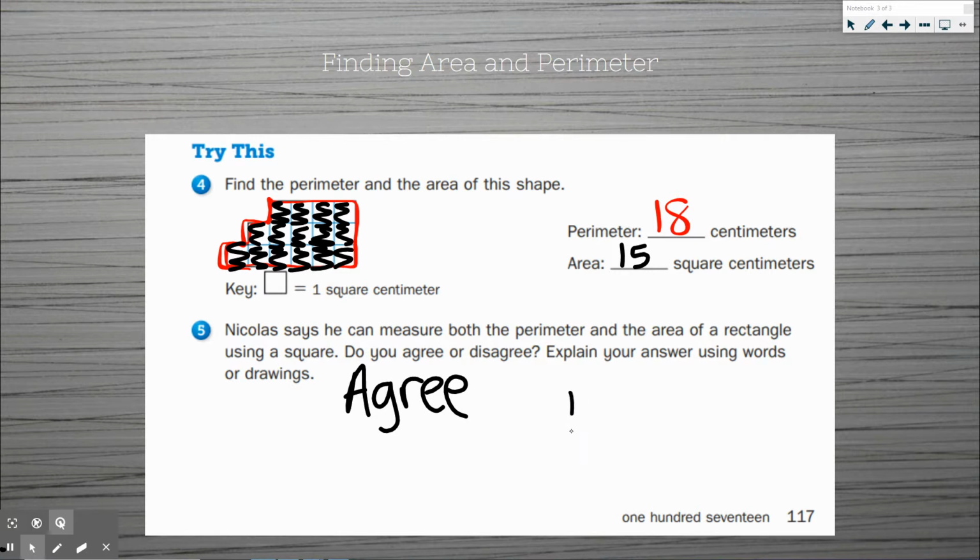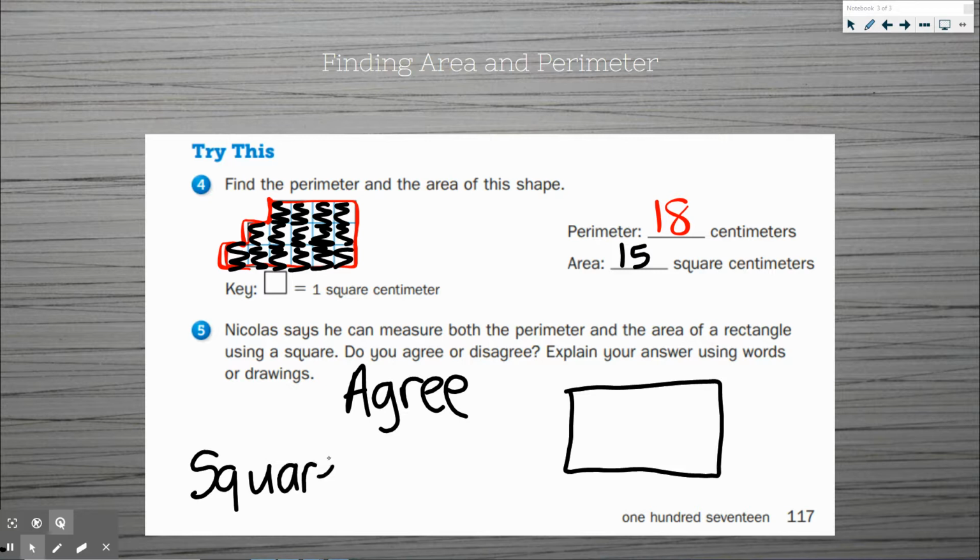squares, because when we measure our area, we measure in square units.